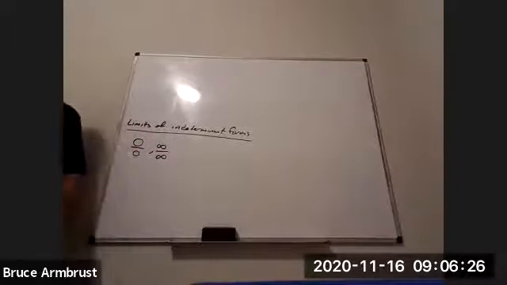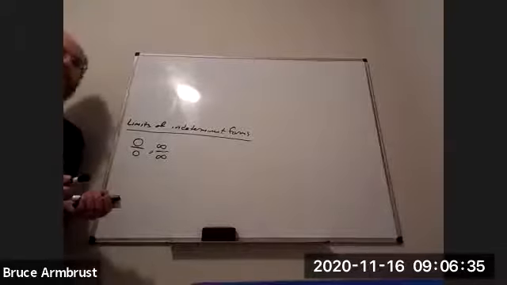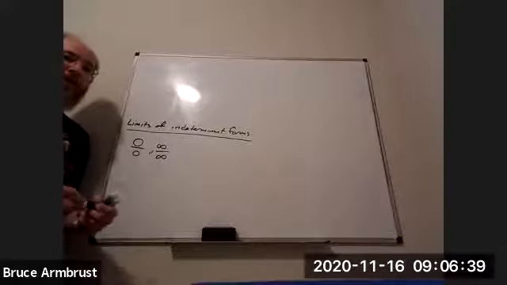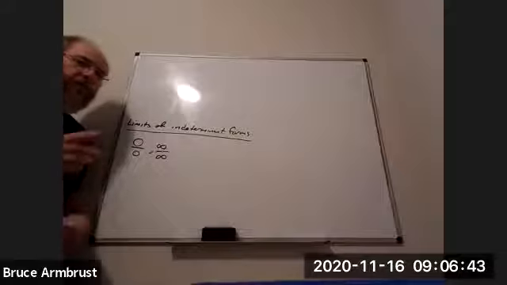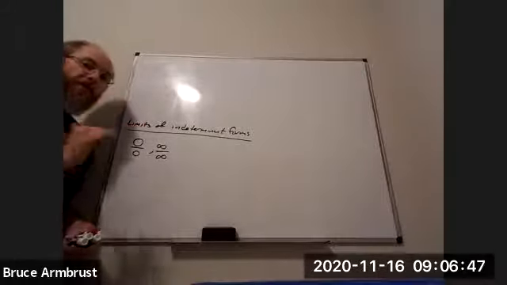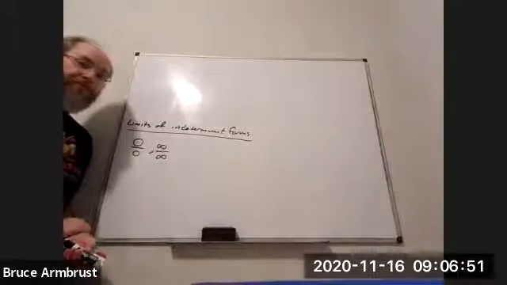Like 0 over 0, another indeterminate form is infinity over infinity. If you have an infinite number and you divide by another infinite number, you don't necessarily know what you get. You've seen this one as well. Look back to last week when we were doing limits as we were going to infinity, and we had polynomials on top of each other.